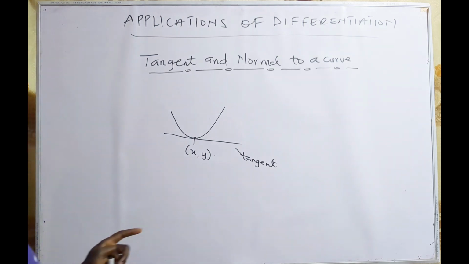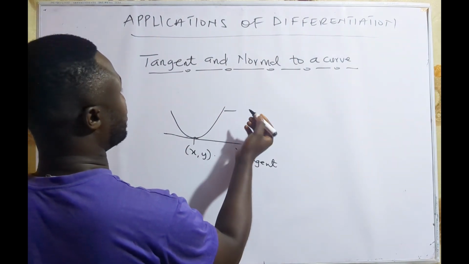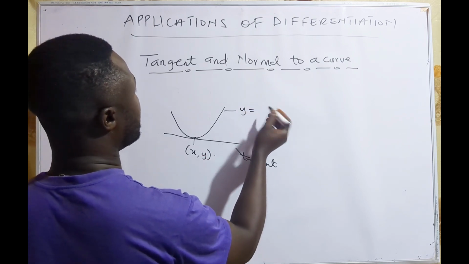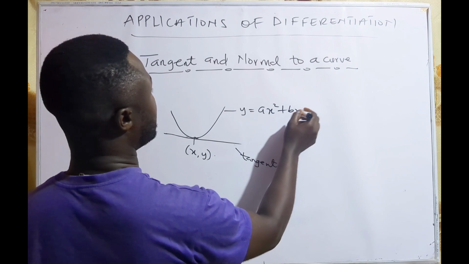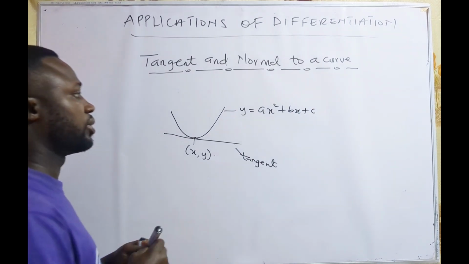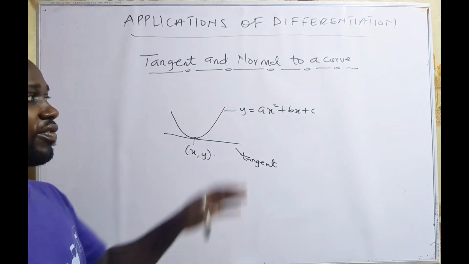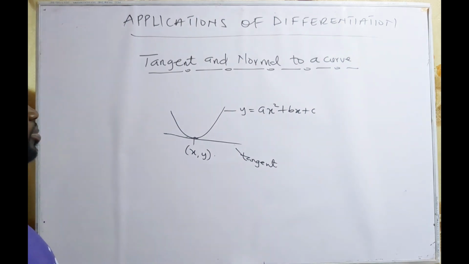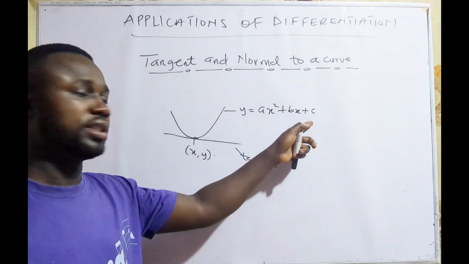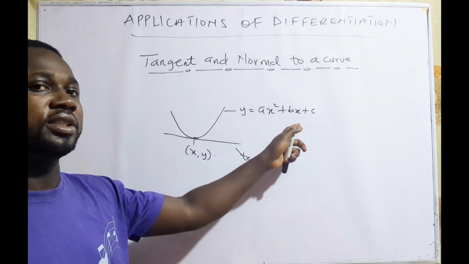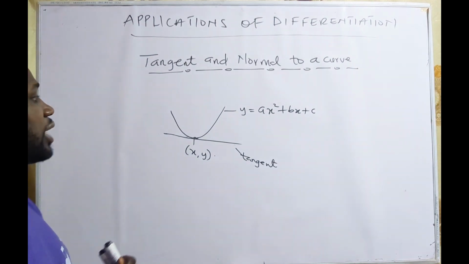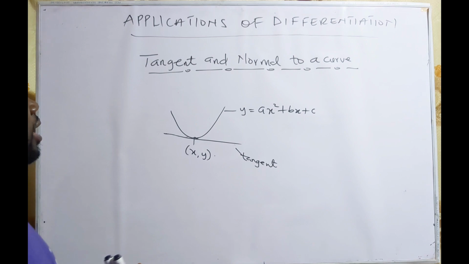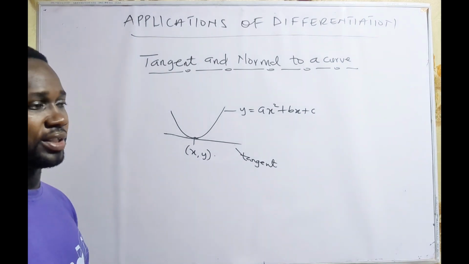And what we should know is that if, let's say, the curve is quadratic, ax squared plus bx plus c, so this is the function for the curve. If I differentiate this particular function, then the differentiation of the curve becomes the gradient function.